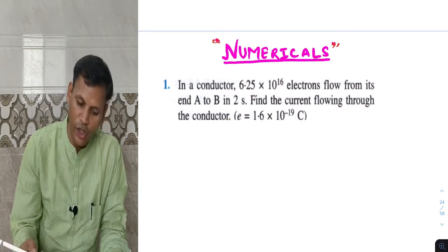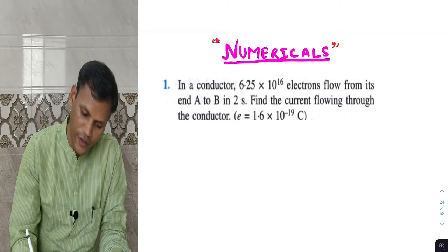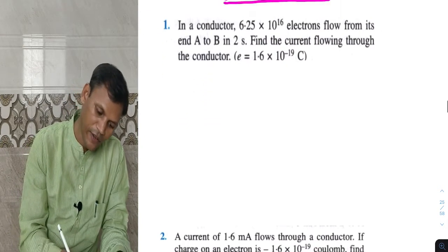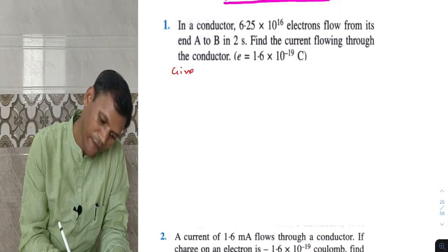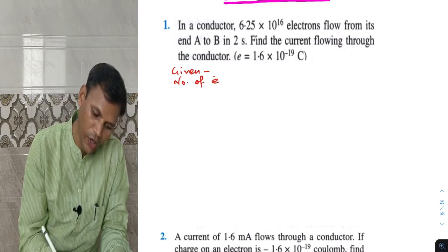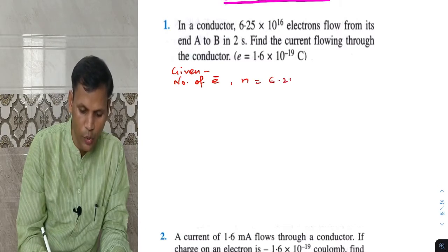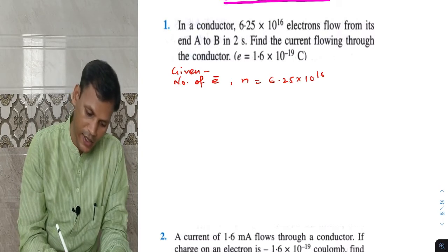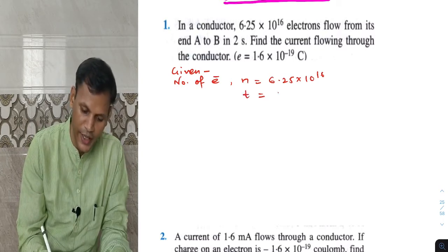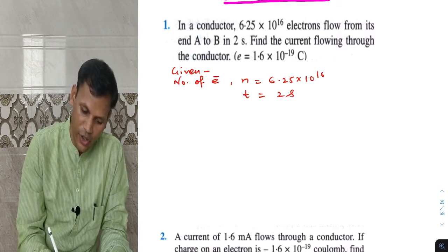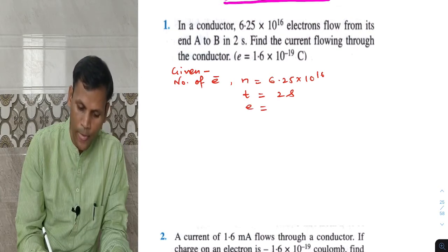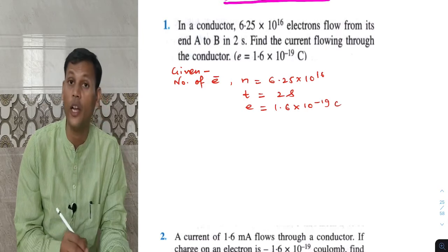So we write the given information: N equals 6.25 into 10 raised to 16, time is 2 seconds, and charge on electron e equals 1.6 into 10 raised to minus 19 coulomb.